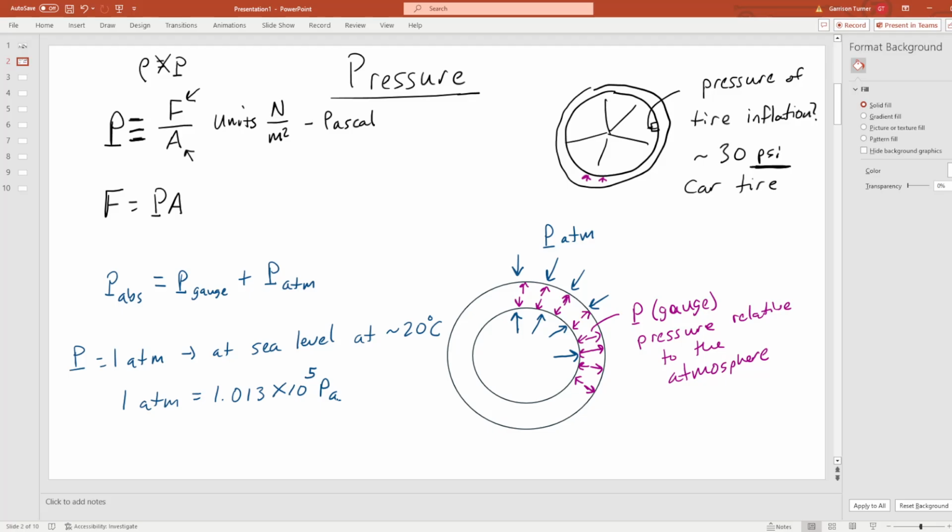Okay, you don't necessarily feel this because your body is built such that yes, the pressure from the atmosphere is pushing in on you from the outside, but your internal body and the fluids inside are also pushing outward and everything is in equilibrium. So your body doesn't really notice being pushed one way or the other. It doesn't notice being pushed outward by your internal forces, and it doesn't notice being pushed inward by the atmospheric pressure anyway, because everything's in equilibrium.